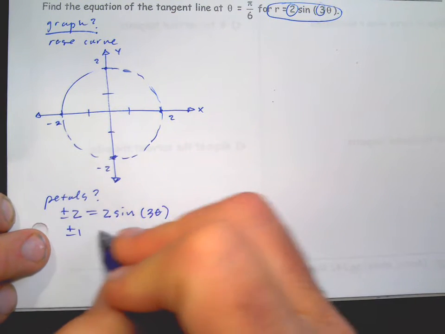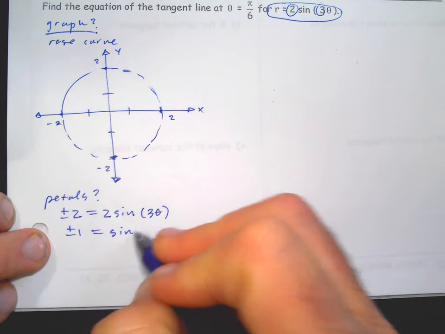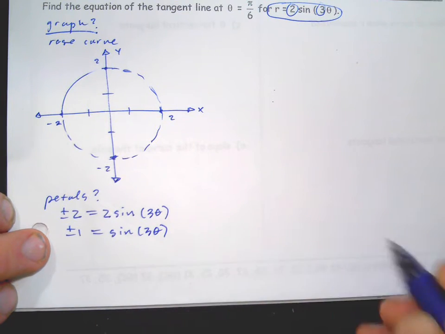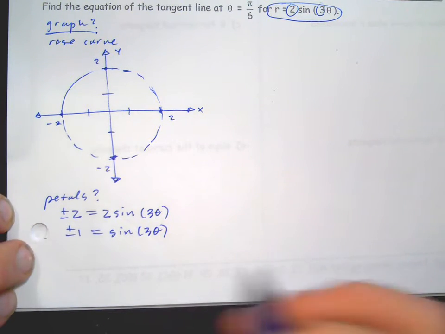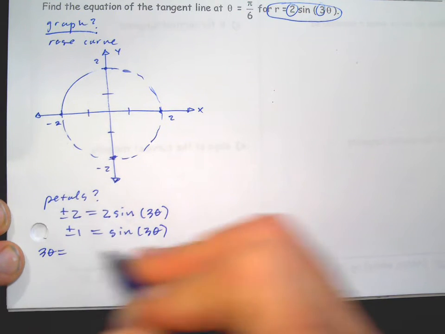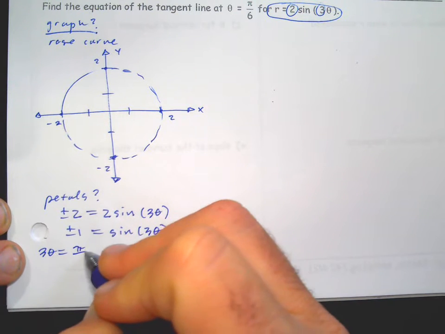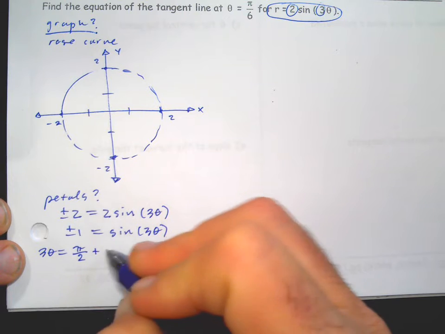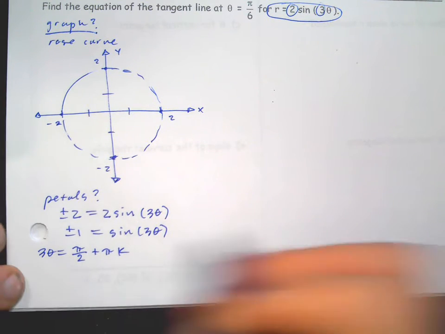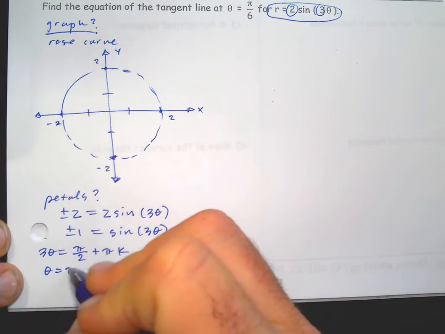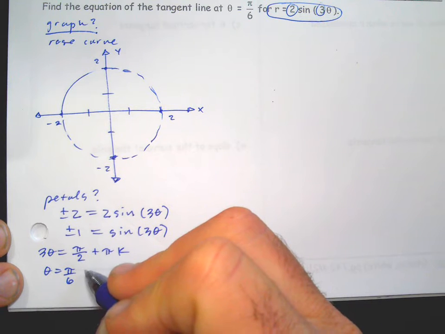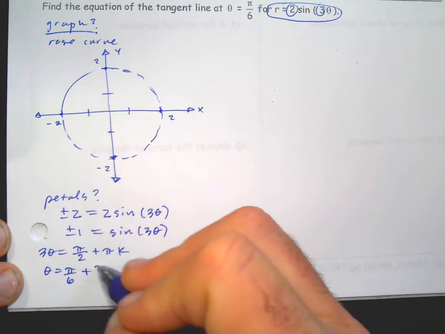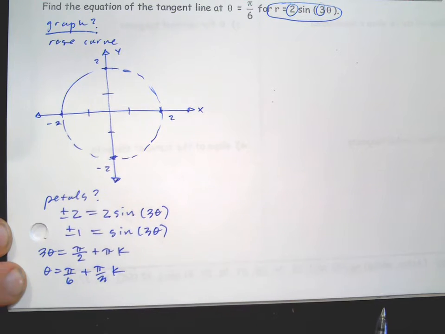Right away the 2's go away, so if you want to, you could just jump to that, ignore the 2 and set it equal to plus or minus 1. Sine equals 1 at pi over 2 plus pi k, positive 1 and negative 1. So theta equals pi over 6 plus pi over 3 k.